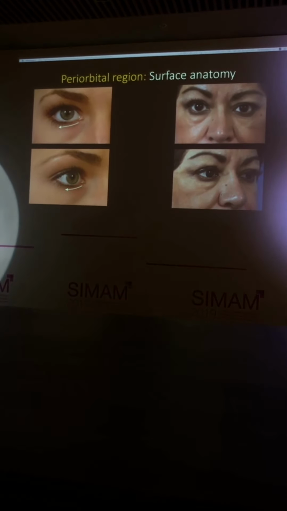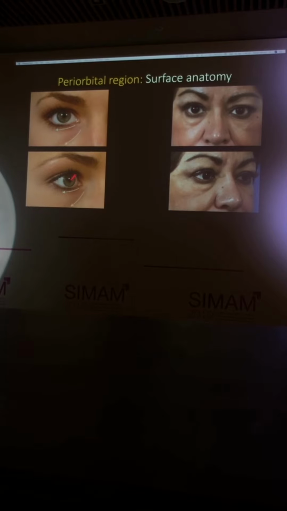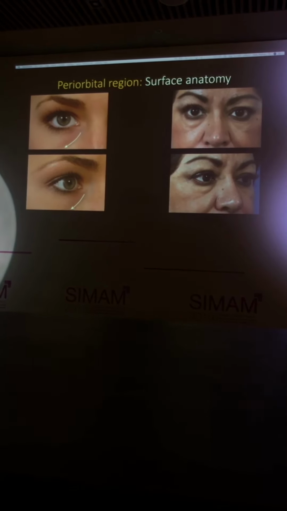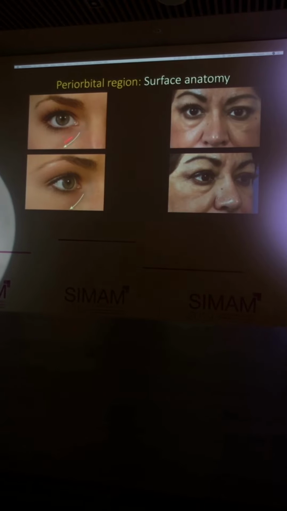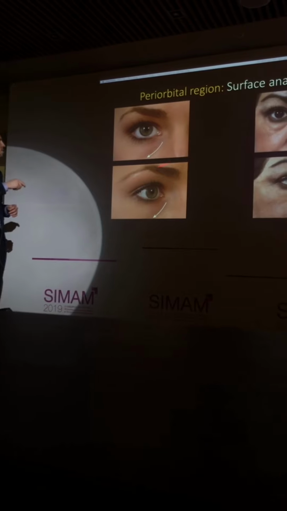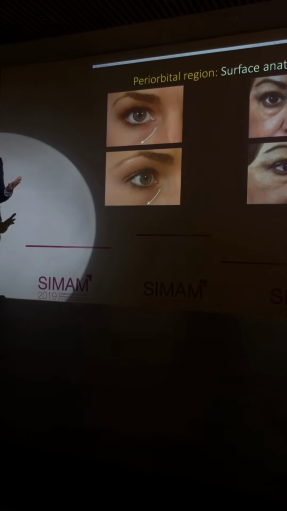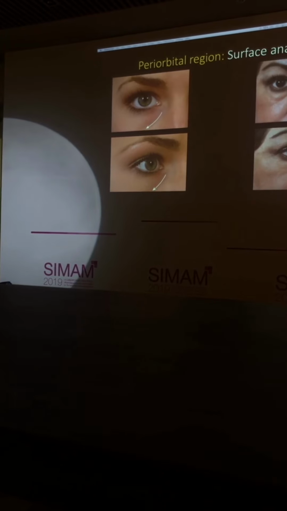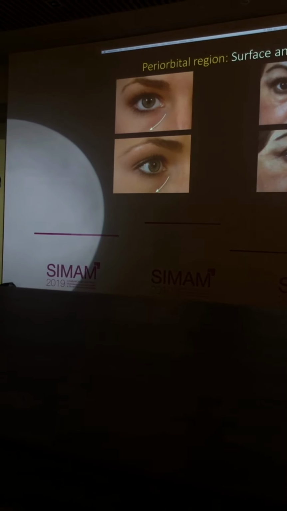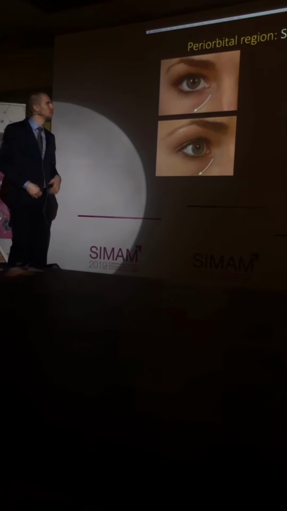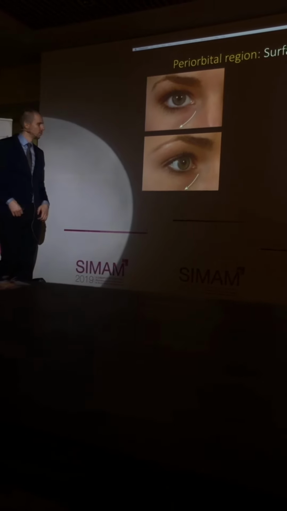And then this is the tear trough, the nasojugal groove. This tear trough exists in children as well, it's just not so visible.